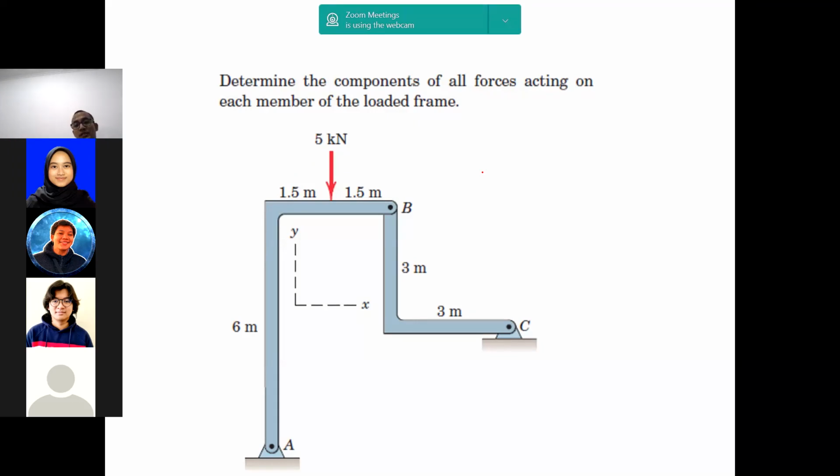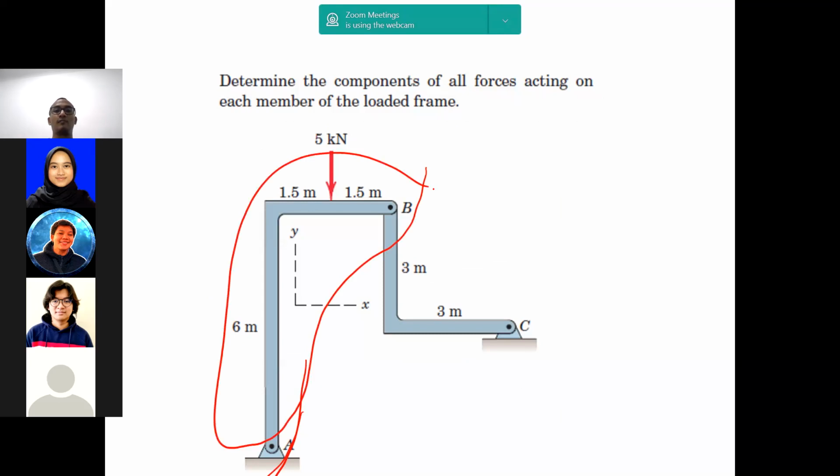So basically, for this particular case, the multi-force member that we have to solve is only member AB. And if we want to draw the free body diagram, it will be like this.